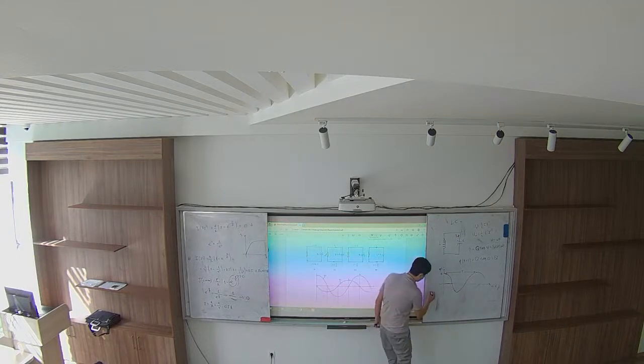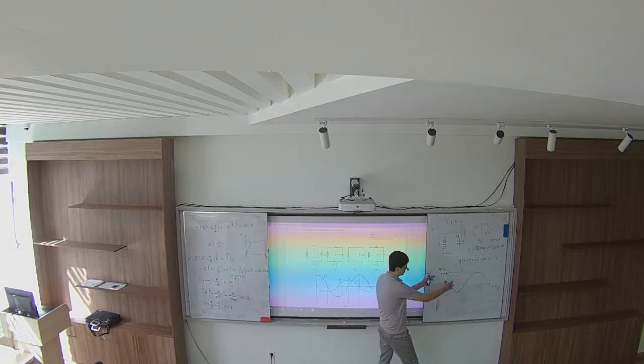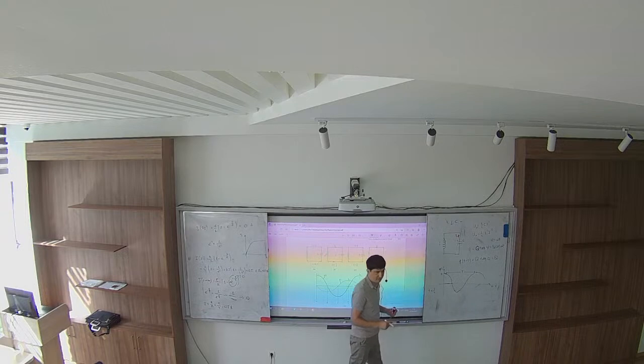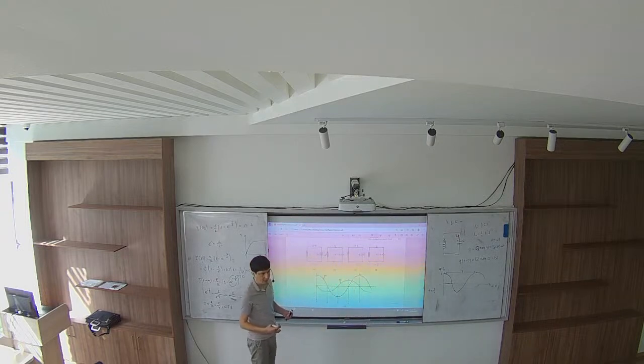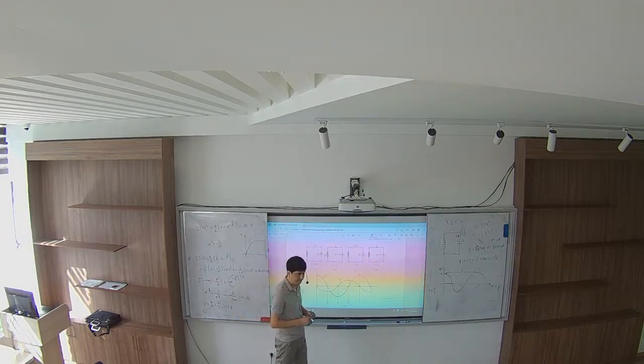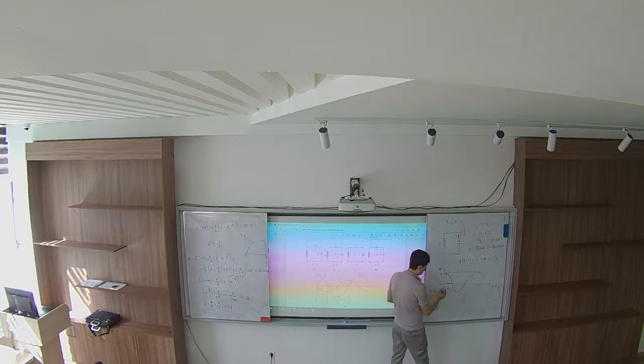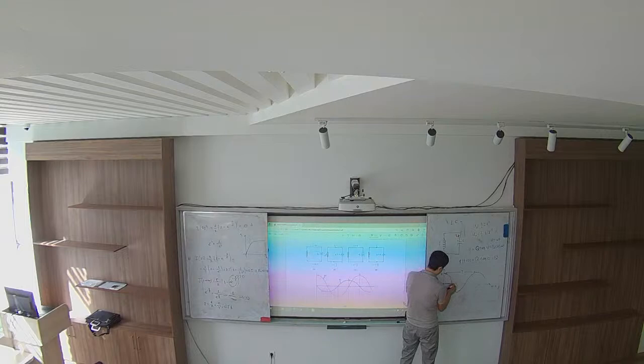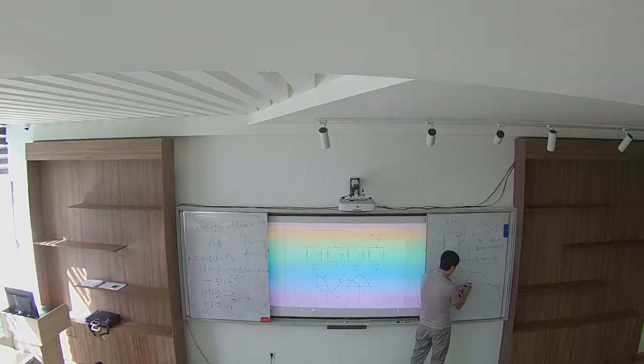So time is what? This is the period divided by 4, so a quarter period of time. Why? Because here this is 1/4, and 1/4, and 1/4, and 1/4.